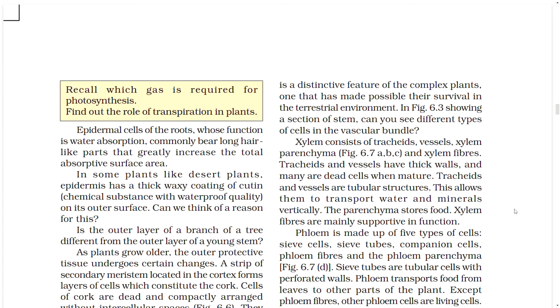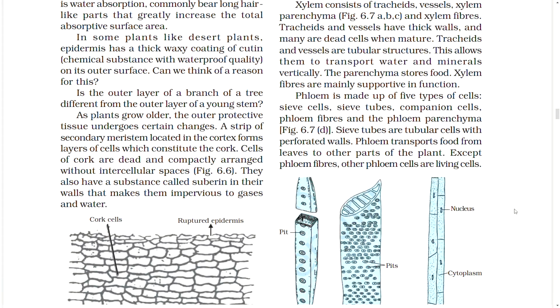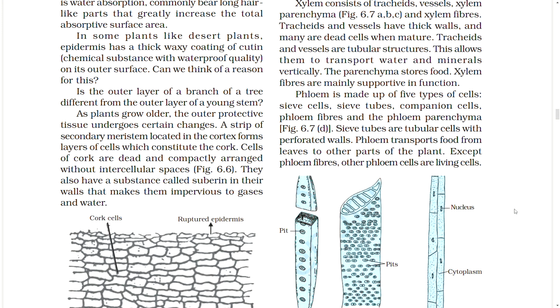Is the outer layer of a branch of a tree different from the outer layer of a young stem? As plants grow older, the outer protective tissue undergoes certain changes. A strip of secondary meristem located in the cortex forms layers of cells which constitute the cork.